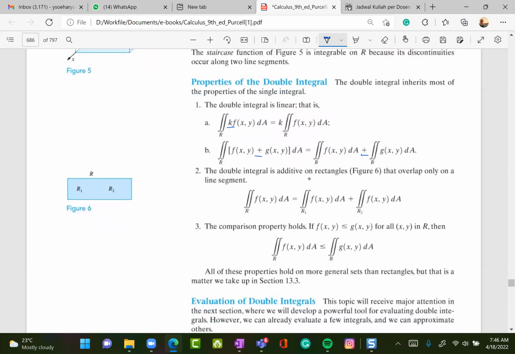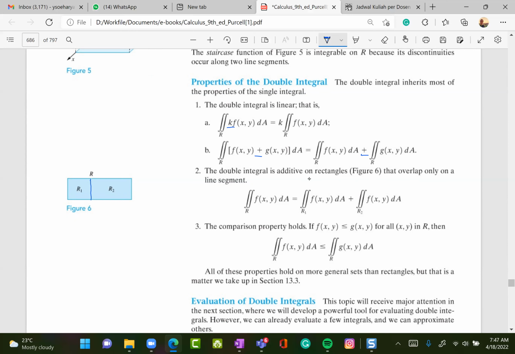Additive means you have a rectangle R consisting of two smaller rectangles, say R1 and R2. If you integrate over the bigger rectangle R, that's the sum of the double integrals over the two small rectangles, over R1 and over R2.